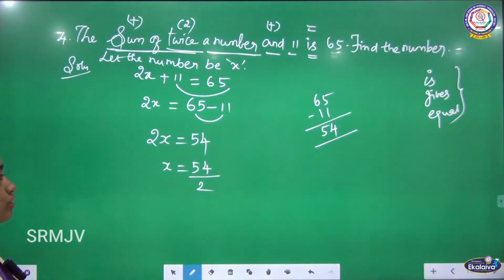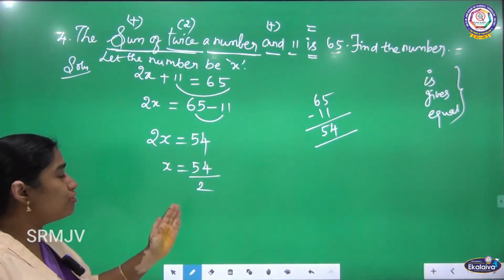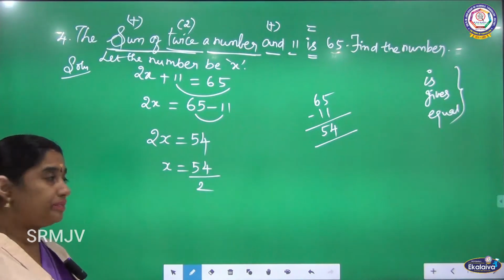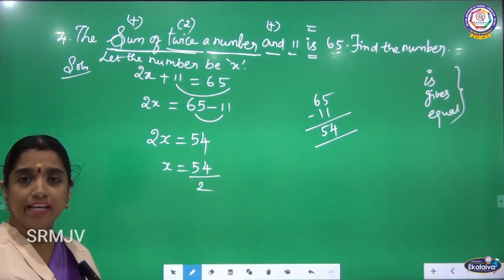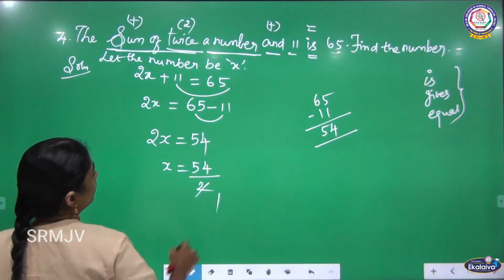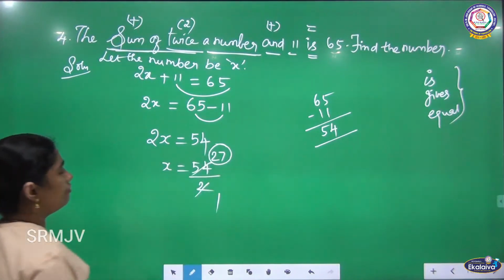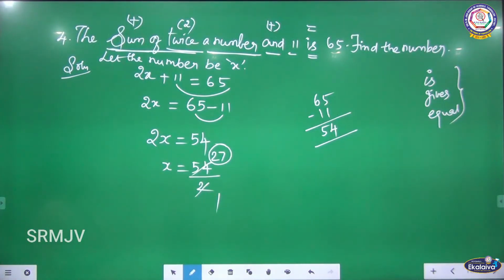Is it clear? So multiplication, it is an LHS multiplication. When it moves to the RHS, what does it become? Divide by 2. Now I can cancel this. Listen, 2 ones are 2, 27s are 54. Is it clear?